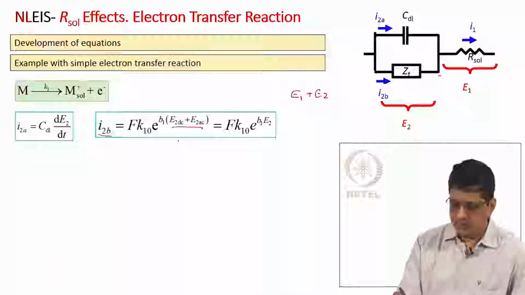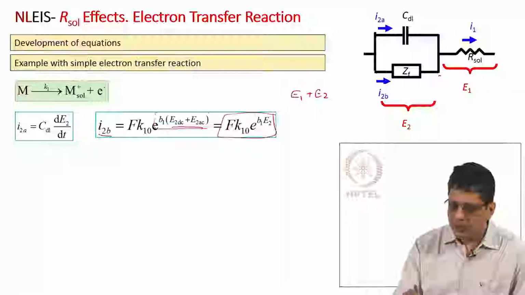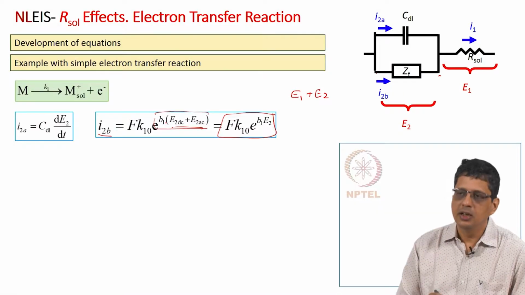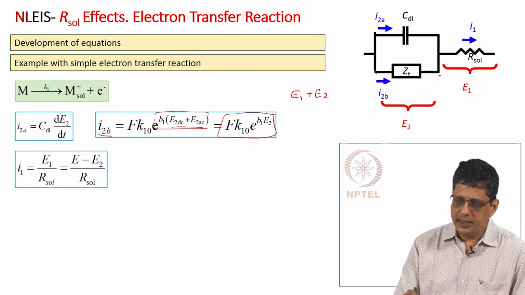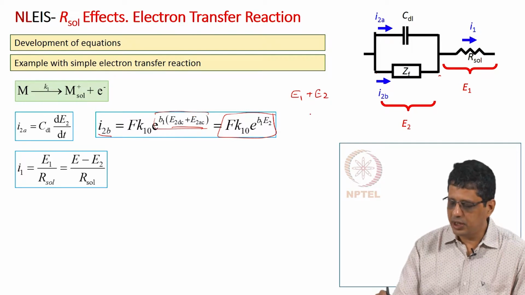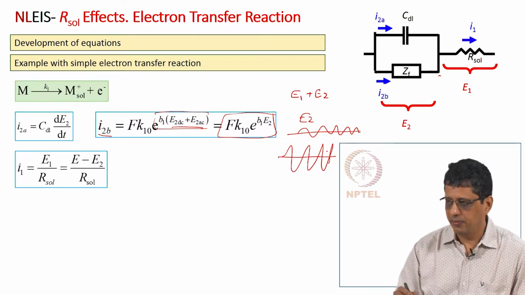This is a more general representation, and we represent this as DC plus AC, but we do not mean that the AC is always sinusoidal. DC is the average value, AC is any value that is fluctuating. So, if you measure E2, it might be sinusoidal, it might be another periodic pattern.